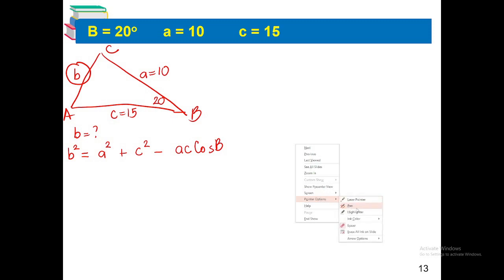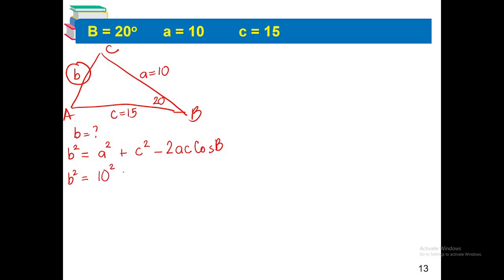So we have 10. This is 2AC. Let's substitute everything. B squared is equal to A, which is 10, squared, plus C, which is 15, squared, minus 2 times A, which is 10, times C, which is 15, cosine B, which is 20.